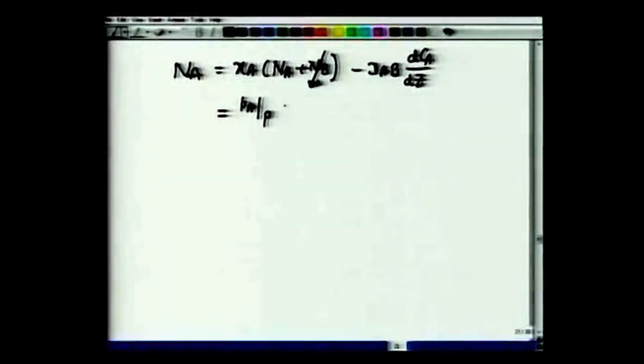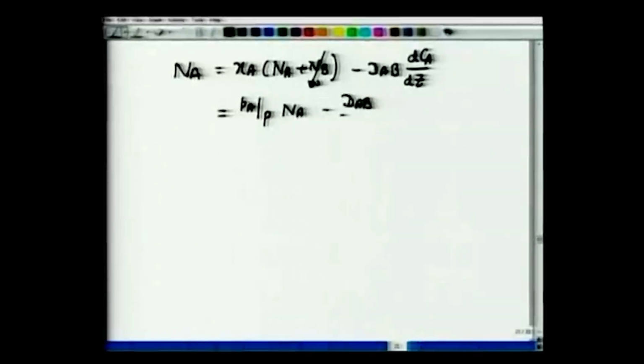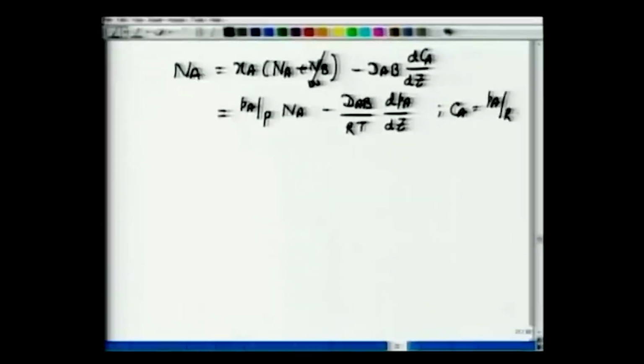So we have Pa over P times Na minus DAB over RT dPa over dZ, where we apply the ideal gas law: the concentration of A, Ca, equals Pa over RT, and P we can write as the sum of the two partial pressures, Pa plus Pb. So now we have obtained a relation between Na and this partial pressure gradient.